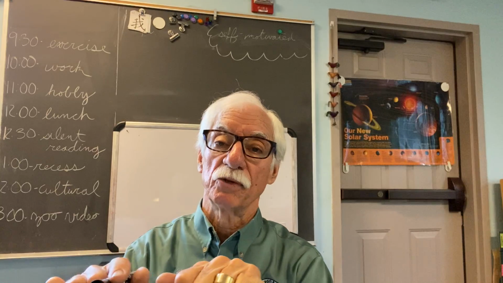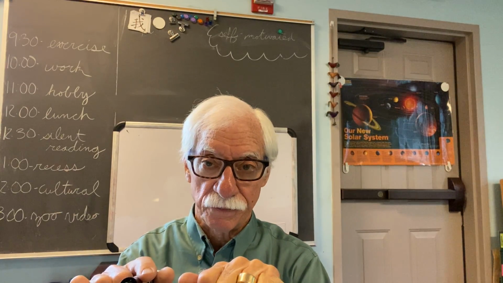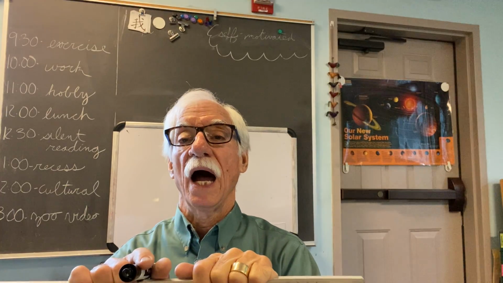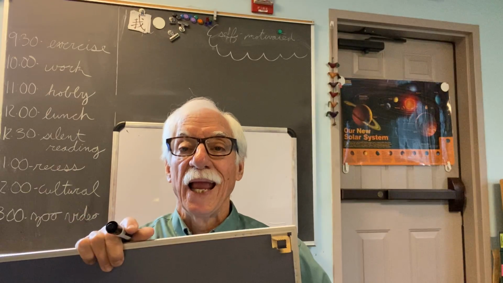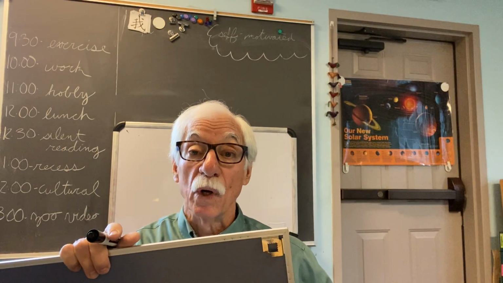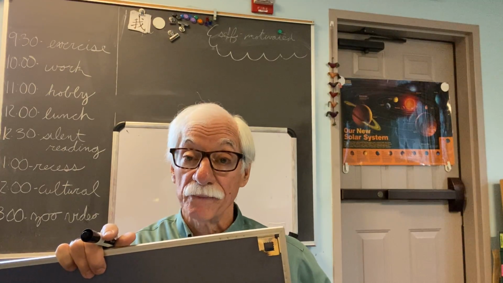So remember our procedure. Mr. T will read you the number. You write it down as I read it. I will show you the whiteboard where I've written the number. Here's my whiteboard. And you check what you wrote. And if you got it right, you give yourself a check.